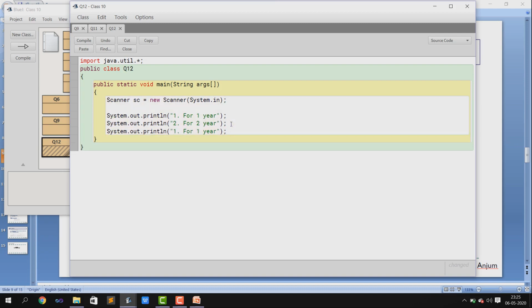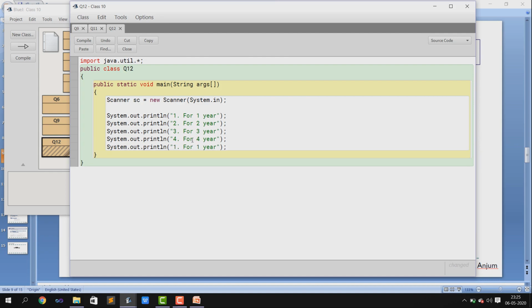Now again 3 for 3 years. Again 4 for 4 years, and at the last 5 for more than 4 years. All the 5 cases we are having over there.